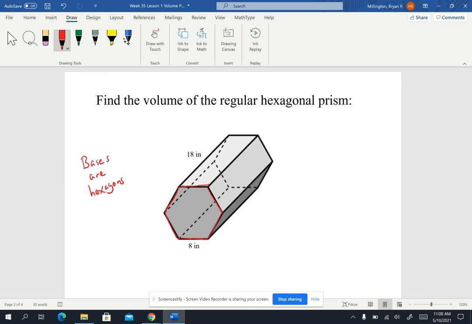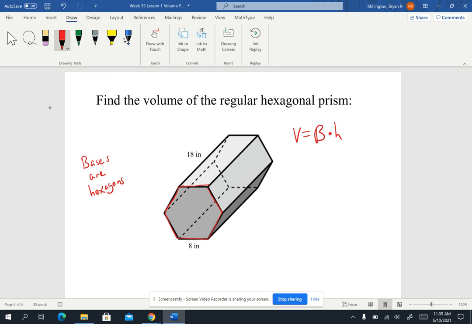And then it looks like this rectangle would be the bottom. But really, when we're talking about three-dimensional shapes, when we're talking about prisms like this, the bases are the congruent shapes that are parallel to each other. So in this case, that's two hexagons. We got a hexagon in the front, we got a matching hexagon in the back. Those are the bases. So again, for volume, we're going to do the area of the base times the height.